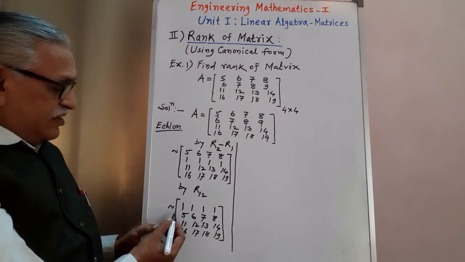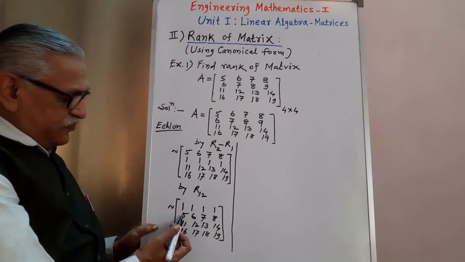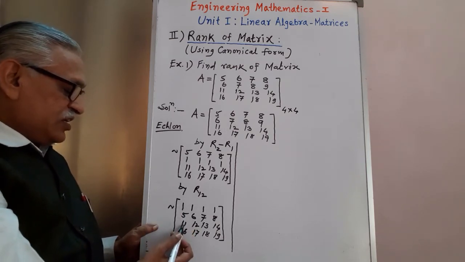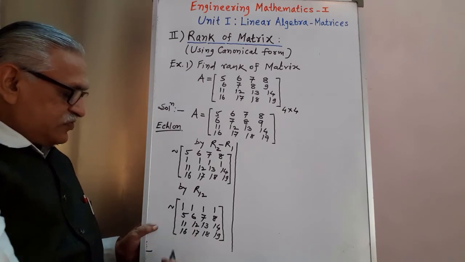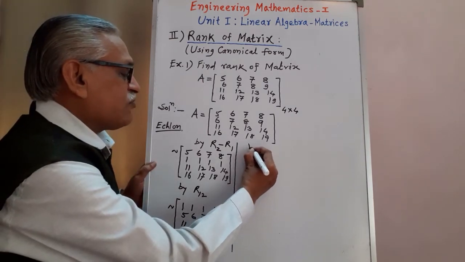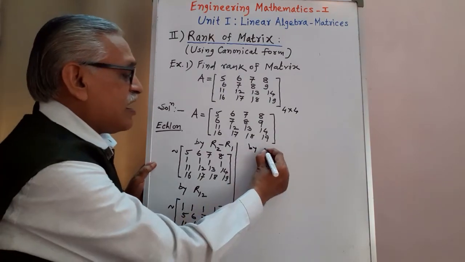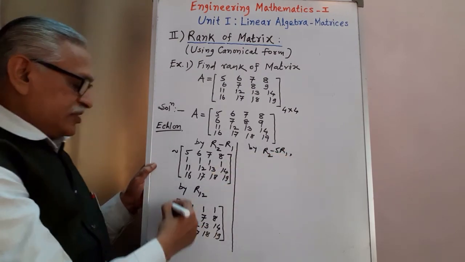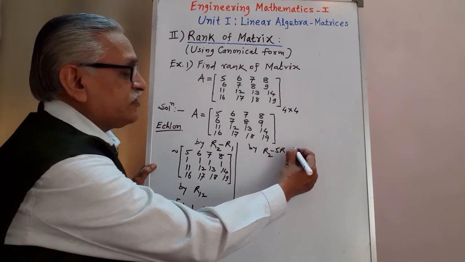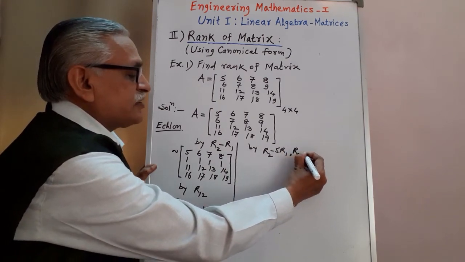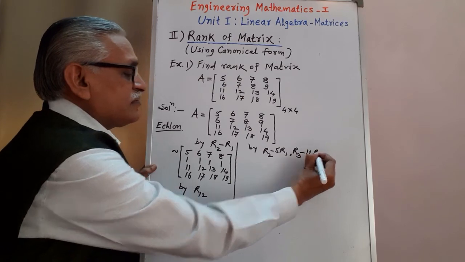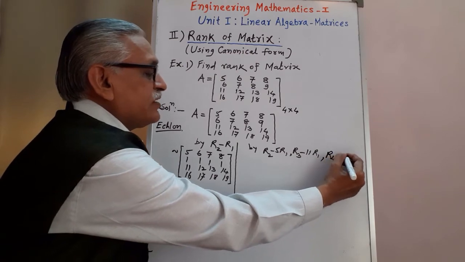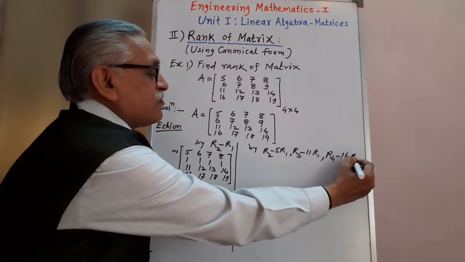Then using this first row, I will convert the 5, 11 and 16 to 0 by applying row transformations. 5 minus 5 we get 0, 11 minus 11 we get 0, 16 minus 16 we get 0. Therefore we apply R2 minus 5 R1, R3 minus 11 times R1, and R4 minus 16 times R1.